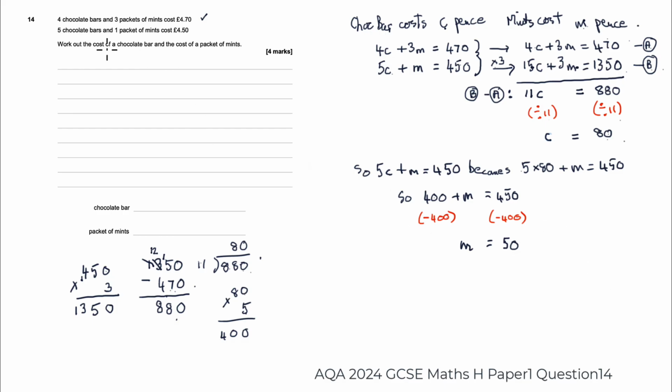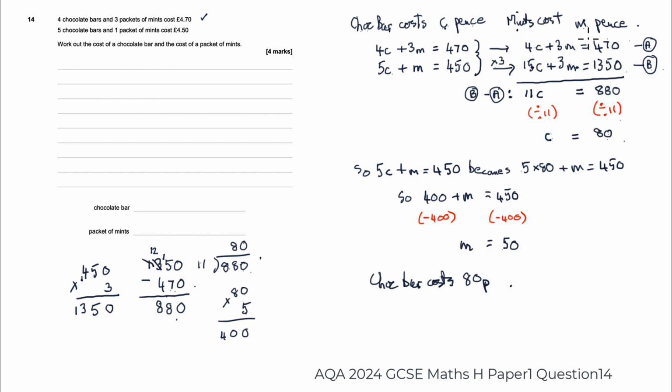It says, work out the cost of a chocolate bar. Well, we're saying a chocolate bar costs c pence. c is 80. A chocolate bar costs 80 pence. So a choc bar costs 80 pence. m equals 50.